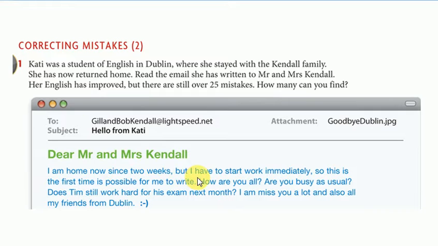But I have to start work immediately, so this is the first time is possible for me to write. This is the first time is possible for me. Doesn't make any sense. How are you all?